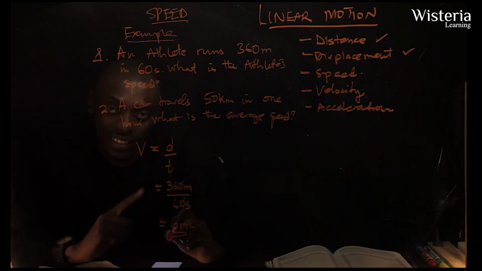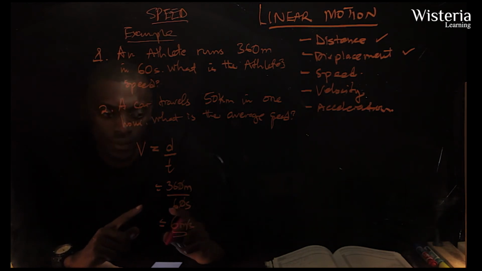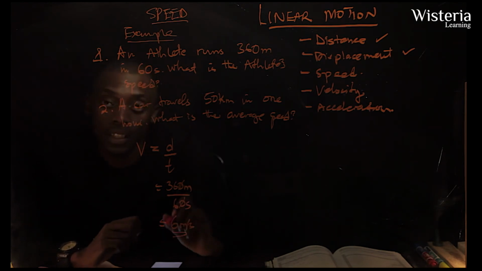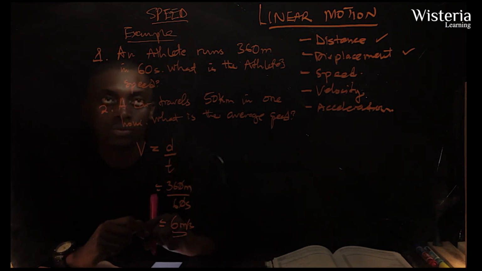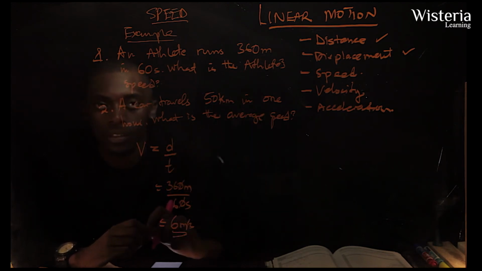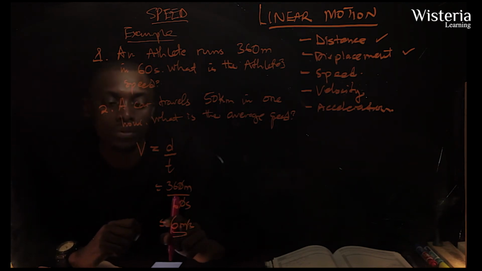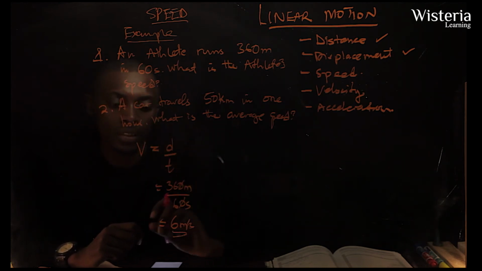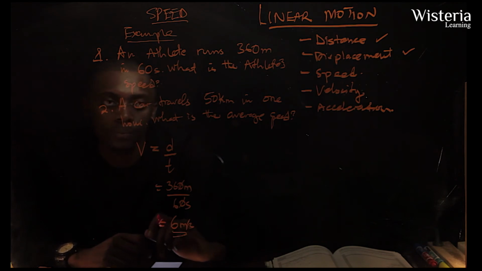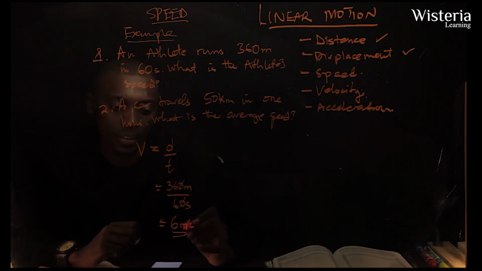Meaning that in a second, the athlete covered a distance of 6 meters. Which makes sense, because if you say 6 times 60, we get the total distance, which is 360 meters. So this is how we calculate speed. You employ your formula, substitute, and then give the answer with the correct units. Note here that the units are meters per second.